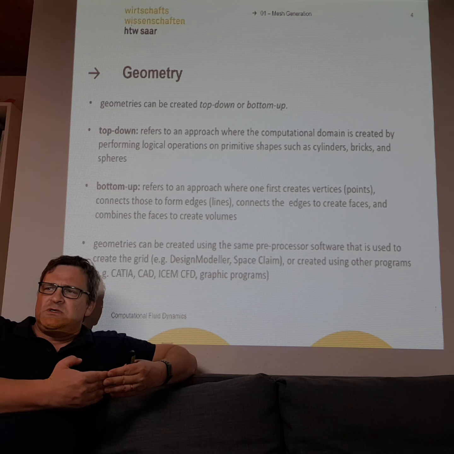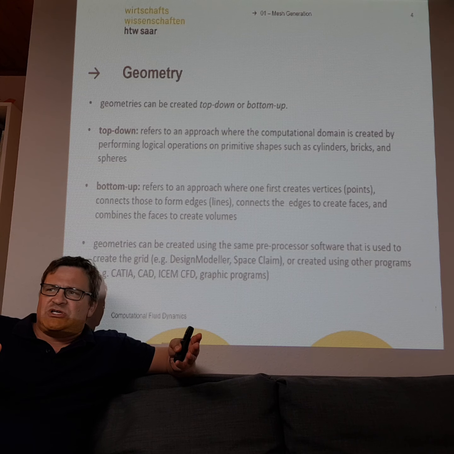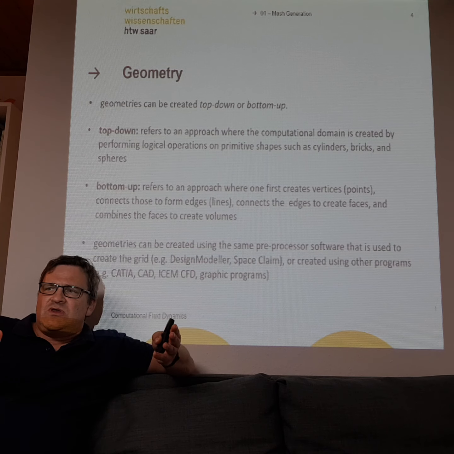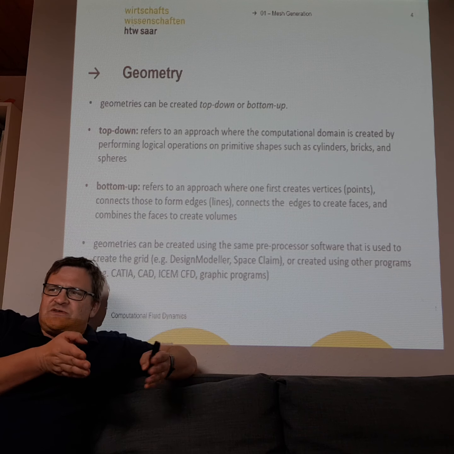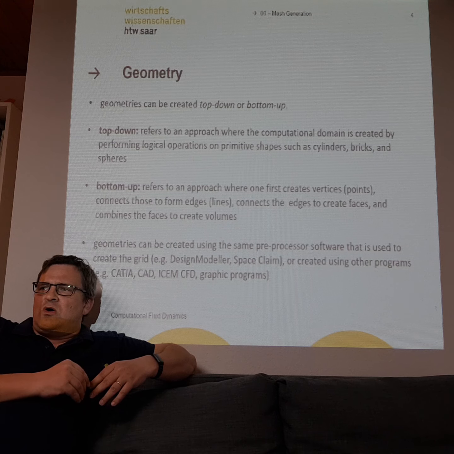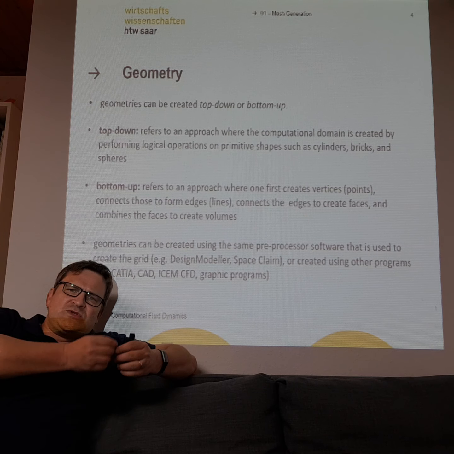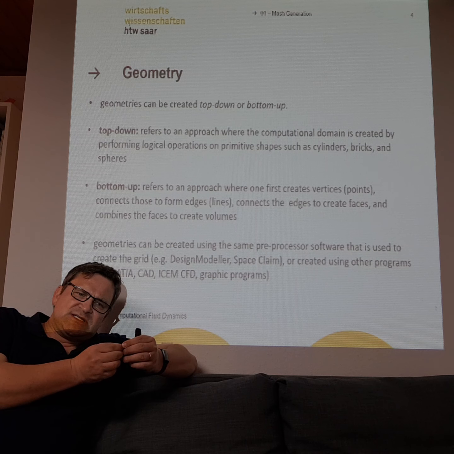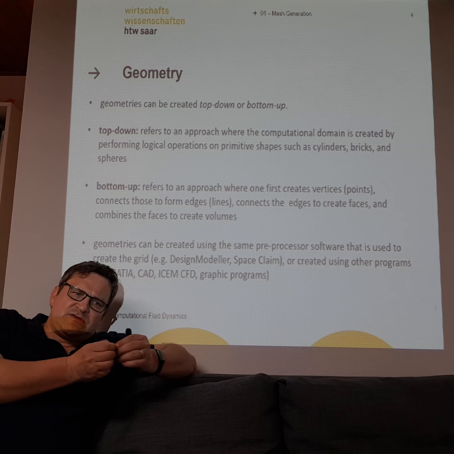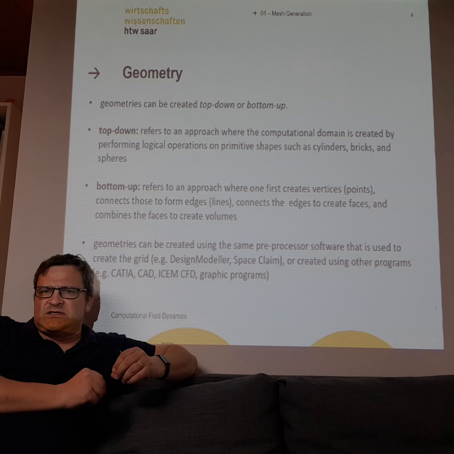From top down means you have your computational domain, and you divide it more and more into primitive shapes, like cylinders, bricks, or so. Or if you do it bottom up, then you think about the edges and every point of the dinosaur, and then you construct every point after each other.